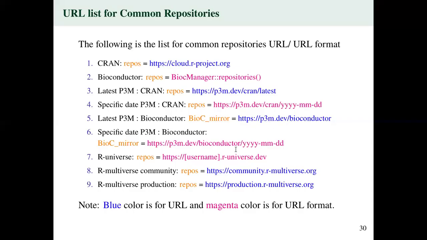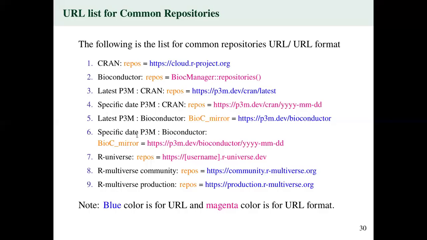As for the rest, already covered community, production, R-universe, remember to put the username here. As for bioconductor, you will put this URL, and for a specific date, you will put year, month, day. But remember, the argument is not repos. When you install from bioconductor, it is called bioc mirror.